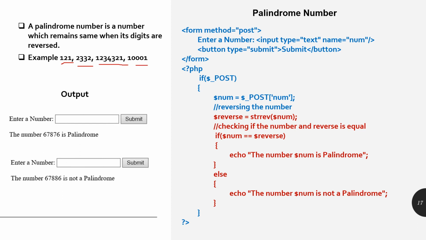These are examples of palindrome numbers. So what we need to do is get the number, reverse the number, store the reverse, and compare whether these two numbers are equal or not. Equal means it is a palindrome number. Okay, this is about palindrome.